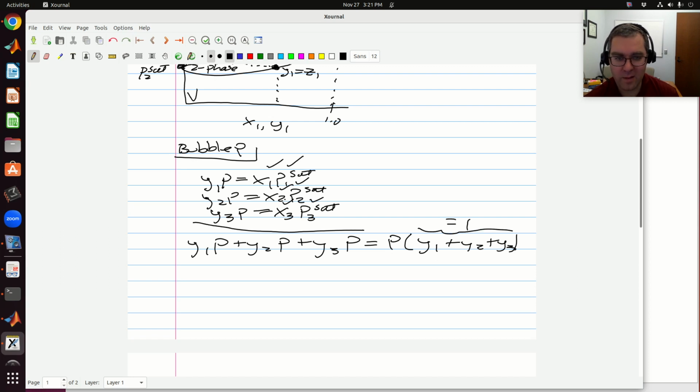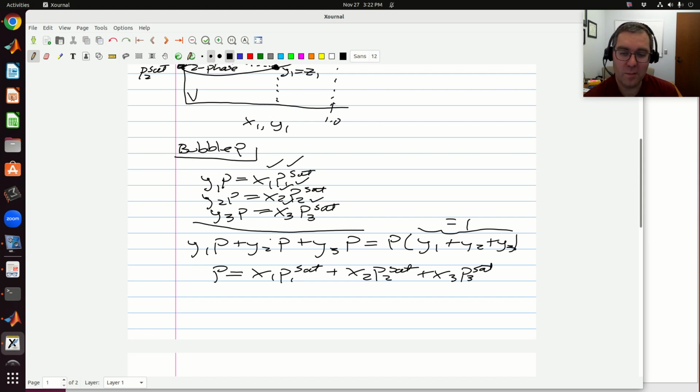So on the left-hand side I'm just left with P, and on the right-hand side I have X1 times P1 sat plus X2 times P2 sat plus X3 times P3 sat. Summing allows me to kill Y, which I don't know, and leaves the quantity I'm trying to solve for.